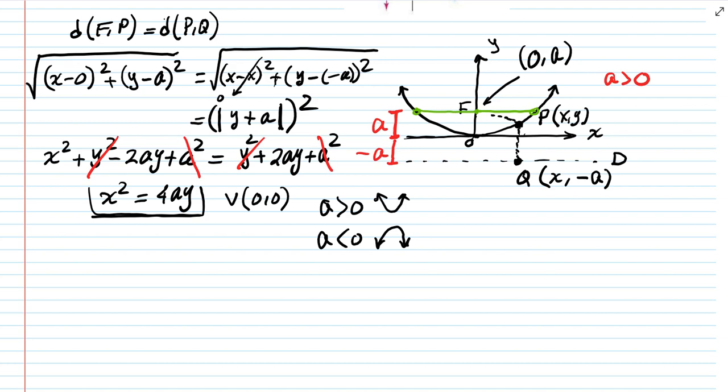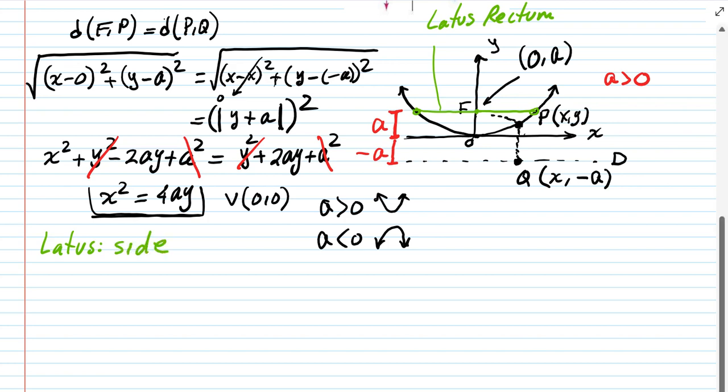That chord is called the latus rectum. The literal meaning of this comes from Latin: latus in Latin means side, and rectum in Latin means straight. So the literal meaning of latus rectum is a straight side.